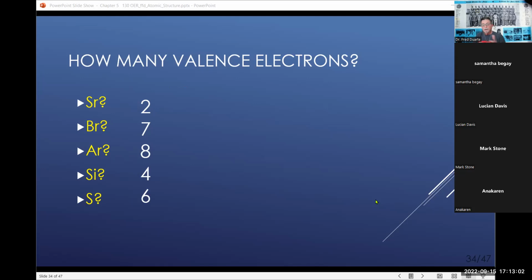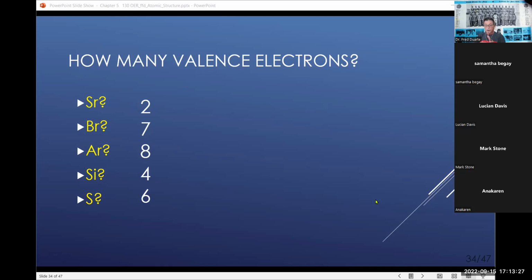Bromine, like chlorine, is in group 7A. Notice that fluorine, chlorine, bromine, iodine, they all belong to the same group. All of them have 7 valence electrons. They differ in where those 7 valence electrons occupy, and that is a different energy level. Argon has 8, it's a noble gas.